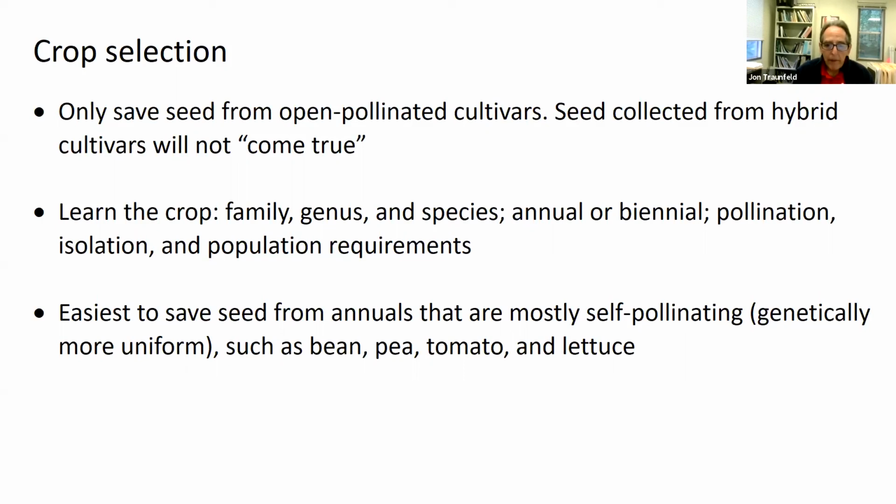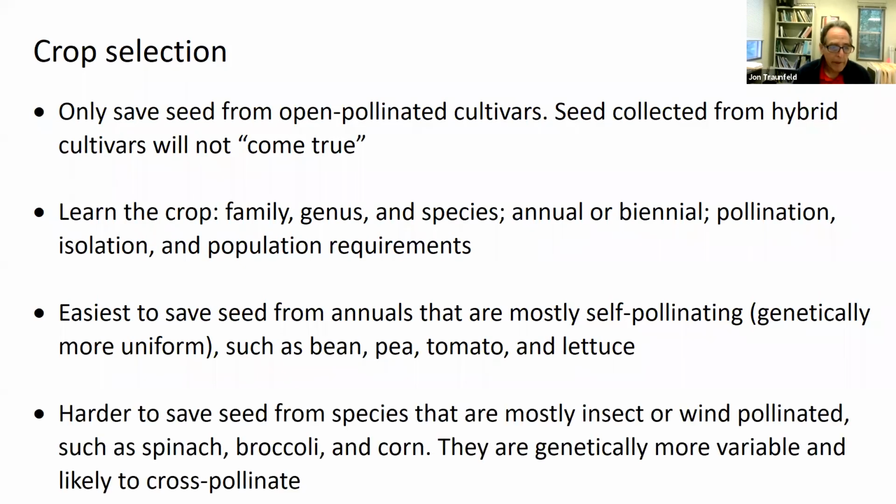They are very uniform, and if you don't save seed from a lot of different individuals, you're still going to get good seed that will come true the following year. It's much harder to save seed when we're talking about biennials.